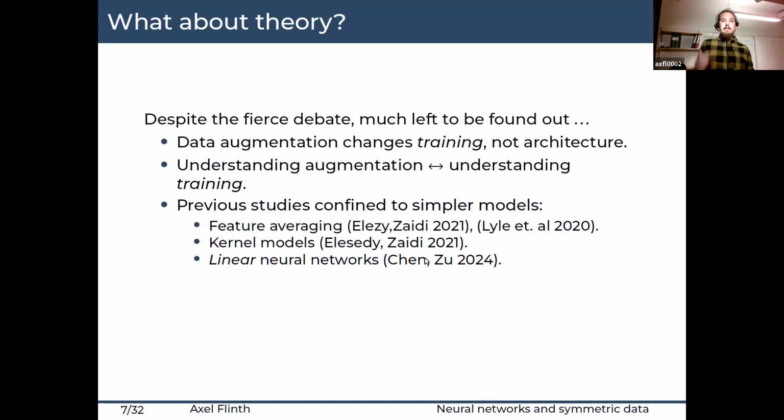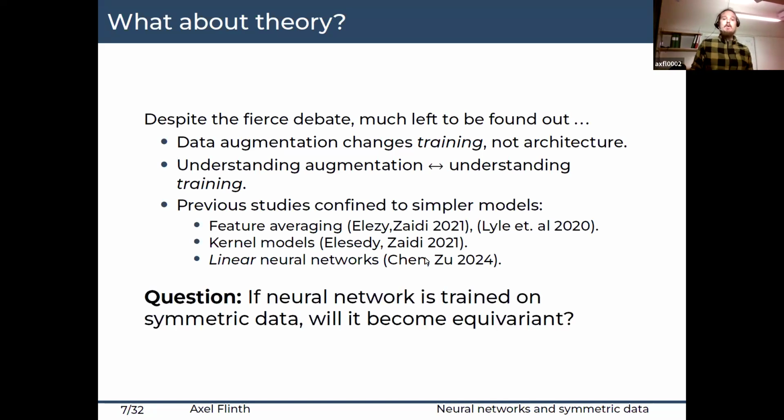So it's still an open question whether a neural network trained on symmetric data will become equivariant. And in particular, this is the main thing I will talk about today: if I train my neural network on symmetric data, will I find the same structure that I would get out from making the architecture equivariant?